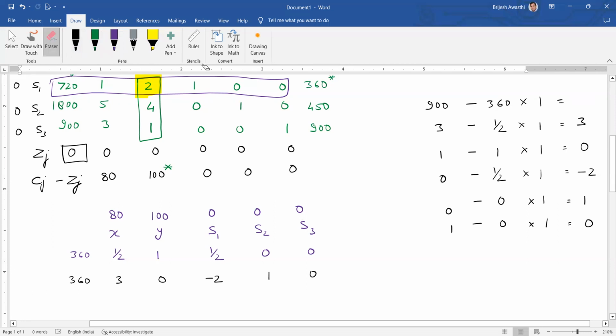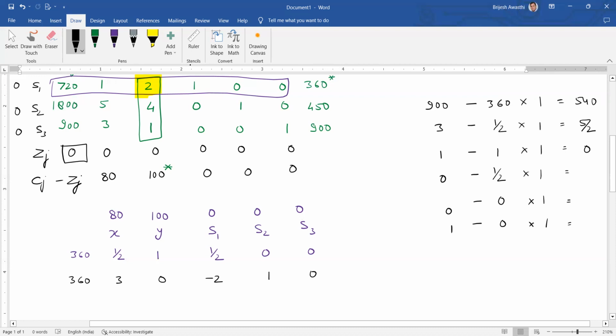So what are the new values? 360 into 1 is 360. 900 minus 360 is 540. And 3 minus 1 by 2 is 5 by 2.